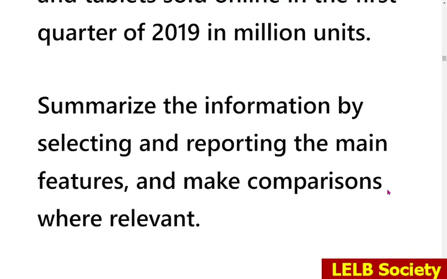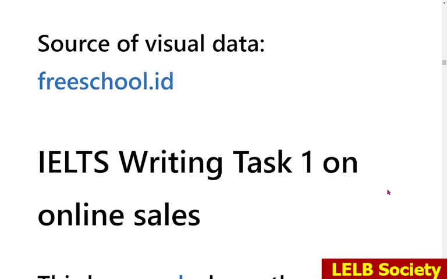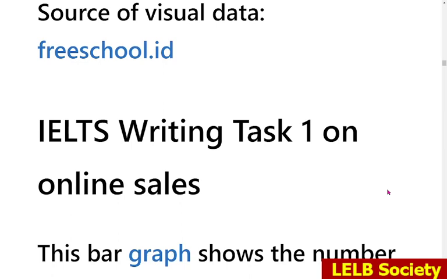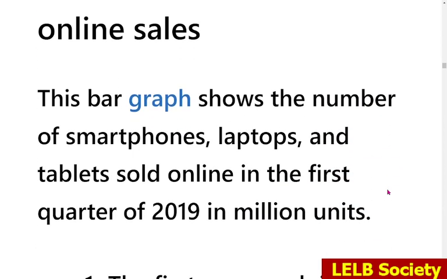Summarize the information by selecting and reporting the main features and make comparisons where relevant. And here is the source of the visual data, freeschool.id. So I'm going to read out the report and analyze it.